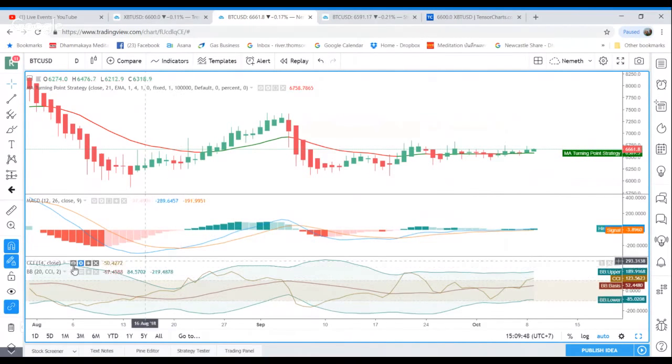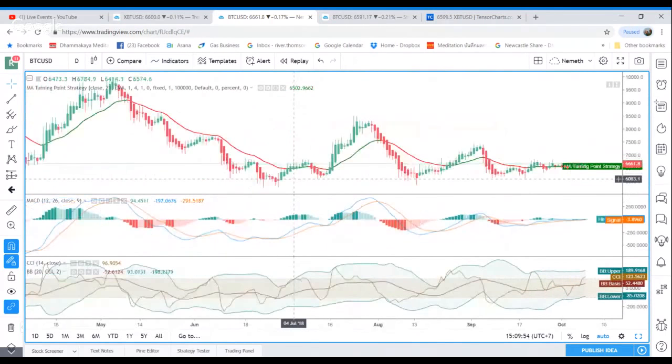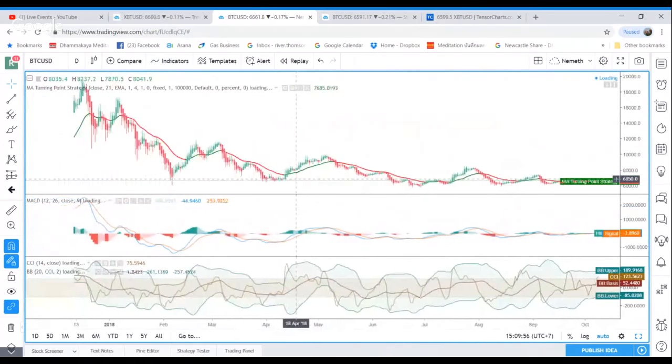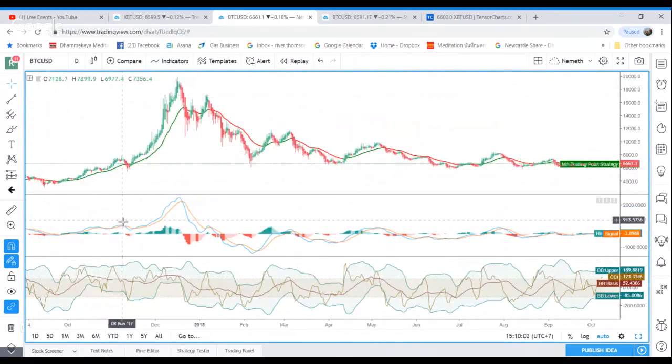And I have found that generally speaking, when the BB midline, this BB midline, the SMA 20, when it's high, like this, it's above 100 even, okay, and the CCI crosses below it, and here it actually retests it, then that is the end of the bull run.